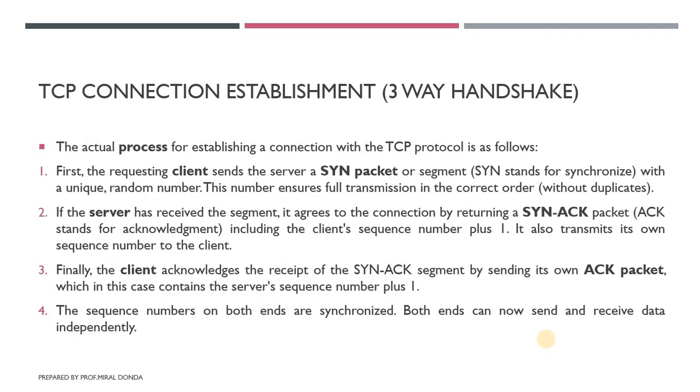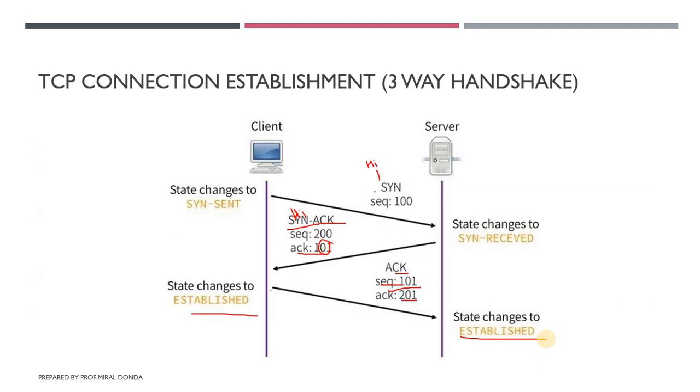The third step is, finally, the client acknowledges the receipt of the SYN acknowledgement segment by sending an acknowledgement packet, which in this case contains the server sequence number plus 1. So now the client received the message and sends the acknowledgement to the server, with the sequence number increased by 1.